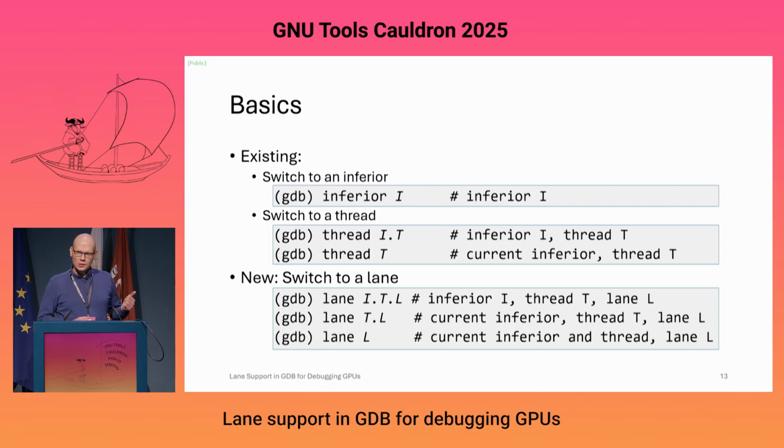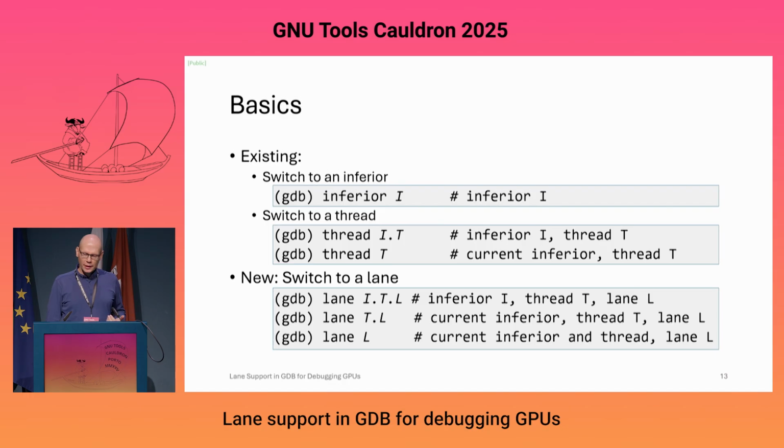To do the switch, the inferior command takes an inferior number, and the thread command takes the thread ID. The thread ID is inferior number dot thread number. But there's also a version where the user can omit the inferior ID. In this case, it means current inferior. So the current inferior is implied.